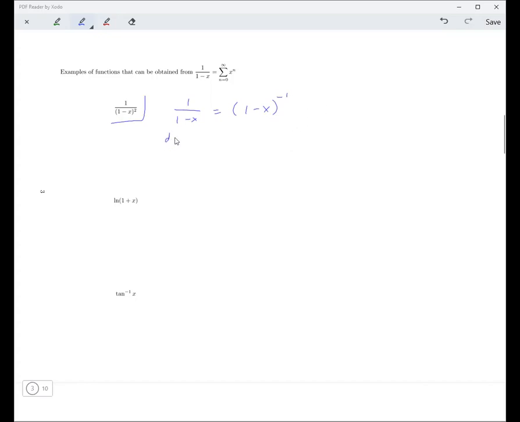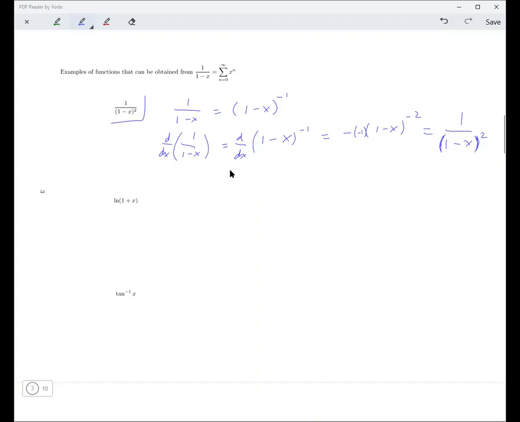And so if you take the derivative of this, you take the negative 1 down. This reduces by 1 power. Okay, so negative 1 minus 1 is negative 2. And then you have a derivative of the inside part, which is another negative 1 comes out. Those negatives cancel. This can be rewritten like this, which is this.